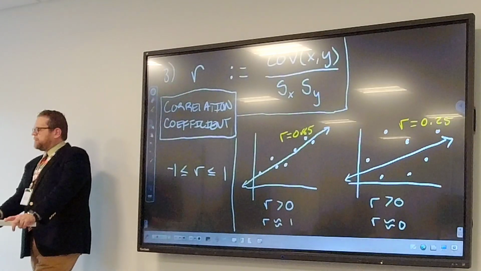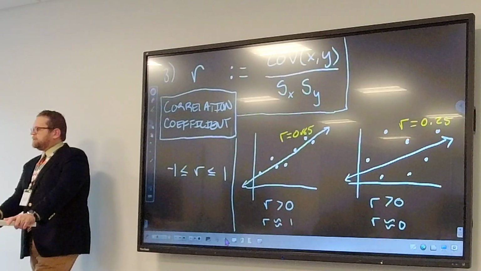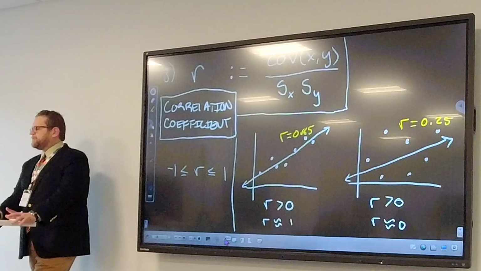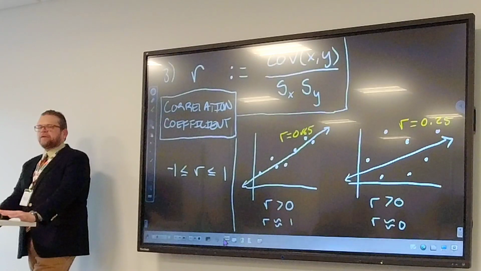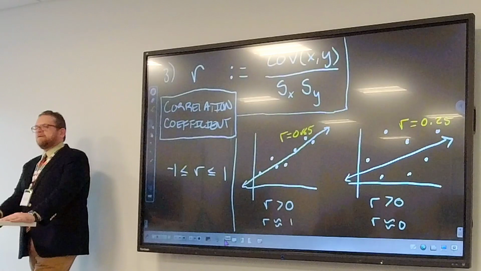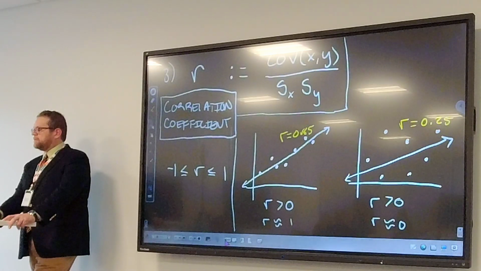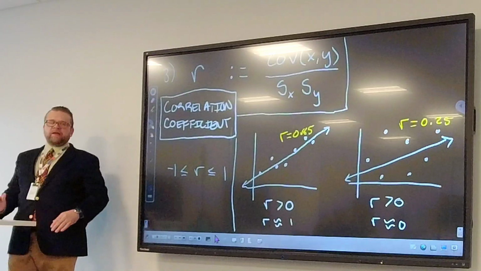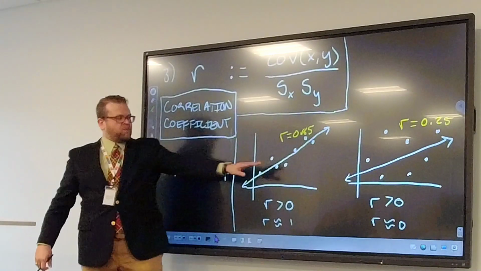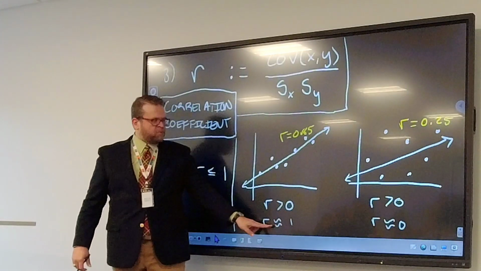And finally, what would be the situation if R was exactly 1 or exactly -1? Look at the behavior of the points as it changes from being close to 0 to close to 1.